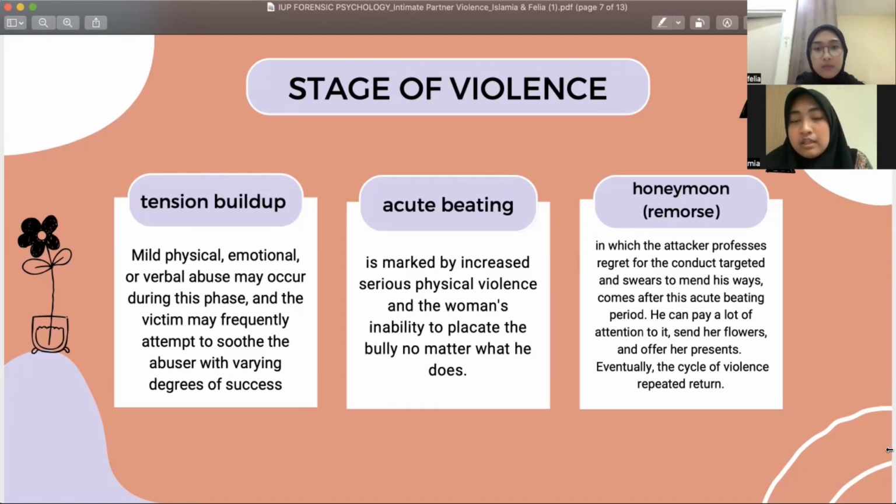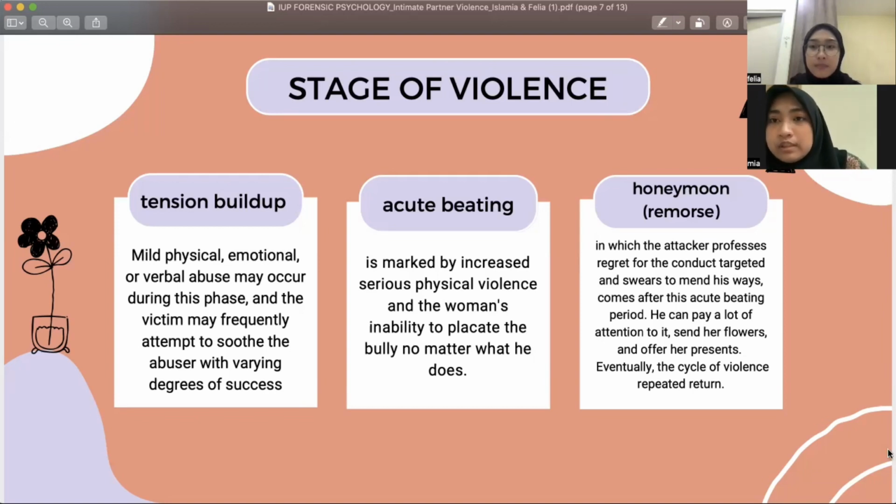And in the second phase, which is acute beating, this stage is marked by increased serious physical violence and the woman's inability to placate the abuser no matter what she does. And then lastly is the honeymoon or remorse stage, in which the abuser professes regret for the conduct and swears to mend his ways.